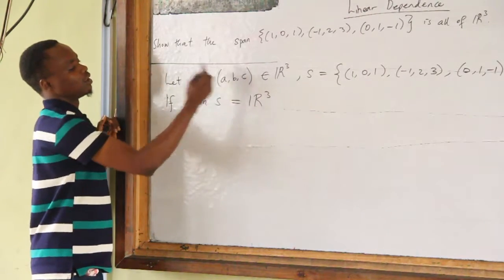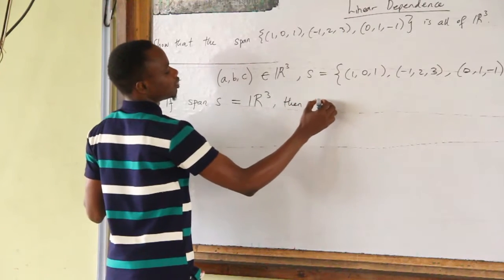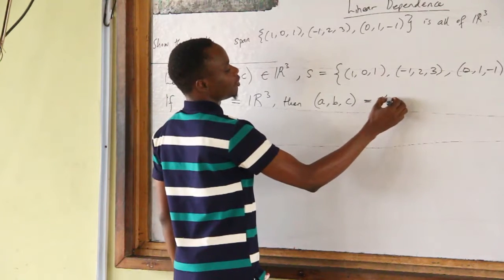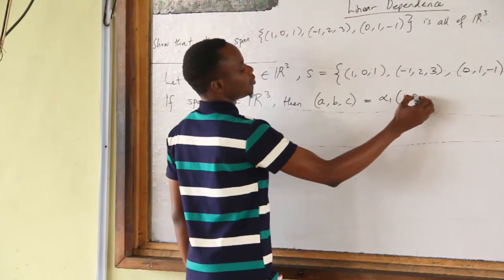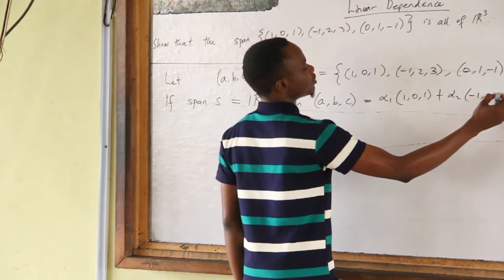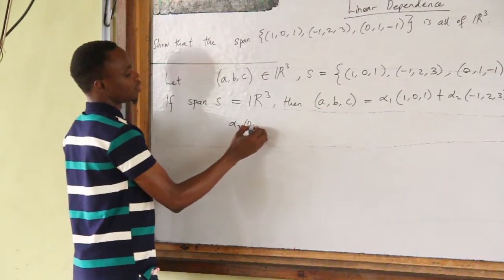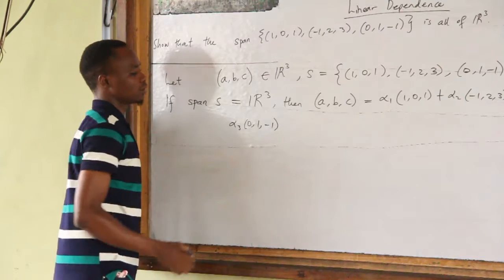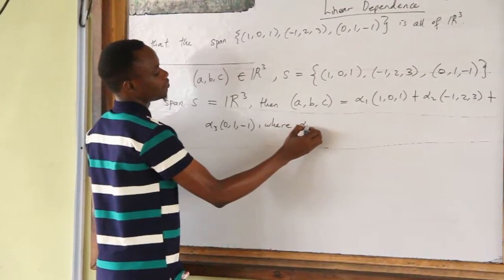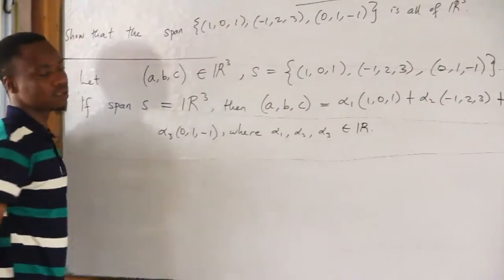If span S is all of R3, then (a, b, c) should be writable in the form alpha 1 into (1, 0, 1) plus alpha 2 into (-1, 2, 3) plus alpha 3 into (0, 1, -1). You get that? Where alpha 1, alpha 2, alpha 3 are some real numbers. You get that?